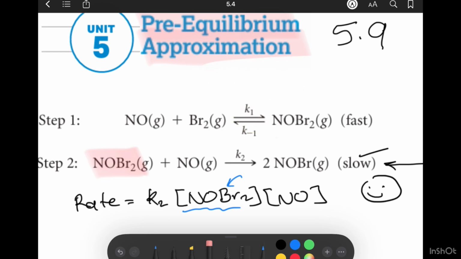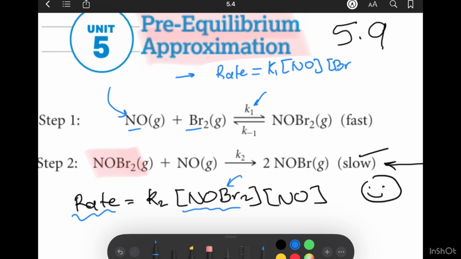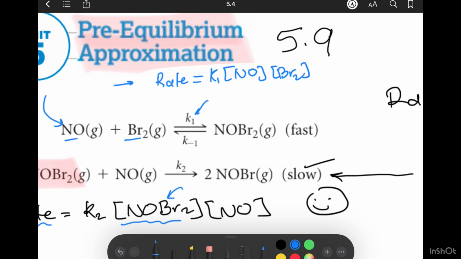Since we're dealing with rates, I have to write the rate for the forward reaction of the first step, which is rate equals k1, open the bracket and put the reactants of the forward reaction, which is NO in addition to Br2. This rate of the forward reaction is going to be the same as the rate of the backward reaction.